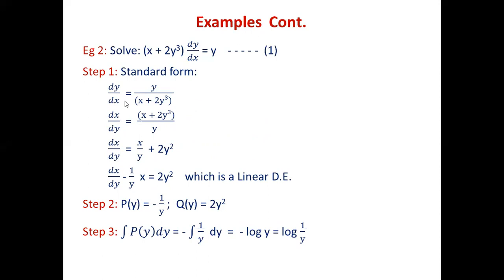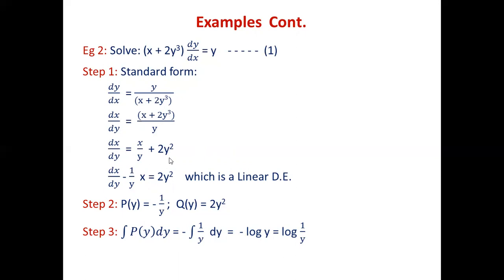So we have to take the reciprocal of this equation, reciprocals on either side, so that you will have 3 terms. So now the reciprocal of dy by dx is dx by dy. The reciprocal of y by x plus 2y cube is x plus 2y cube by y. And now you can split the term on the right hand side into 2 terms. One is x by y, and the second one is 2y cube by y, which is 2y square.